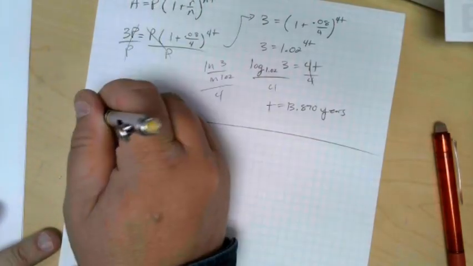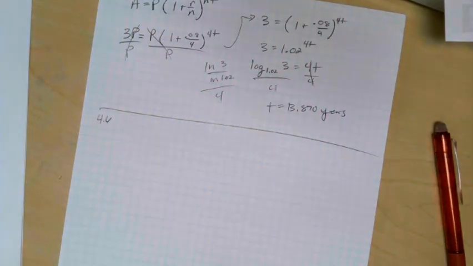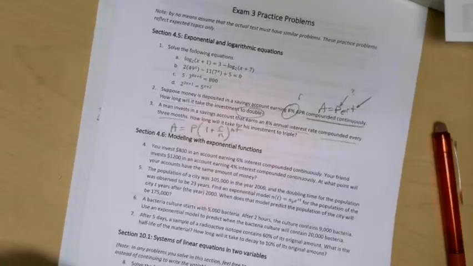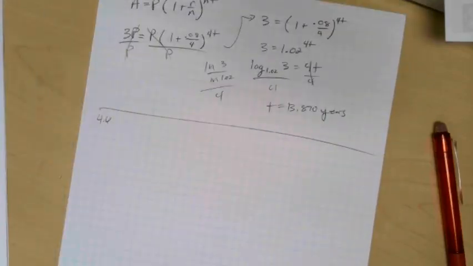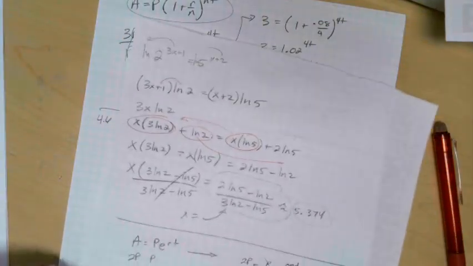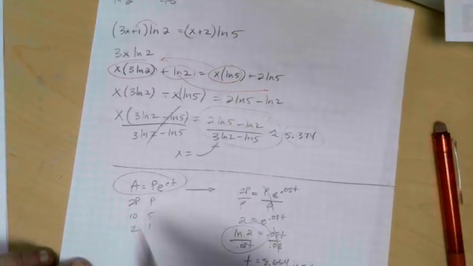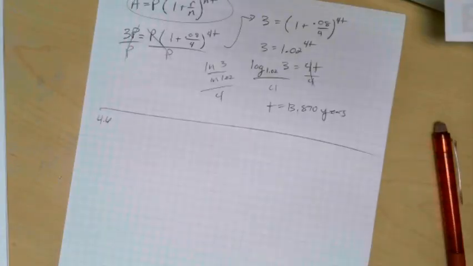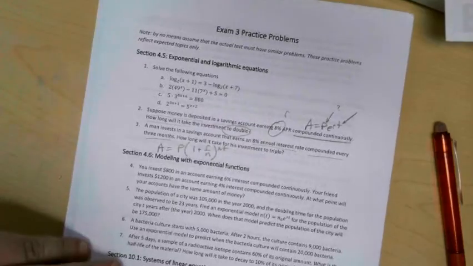Let's do section 4.6. Section 4.6. And this is all about models. So there are 2 models you need to know, and we've already looked at them. This one and one from before, that one. Okay, so I'm looking at number 4.